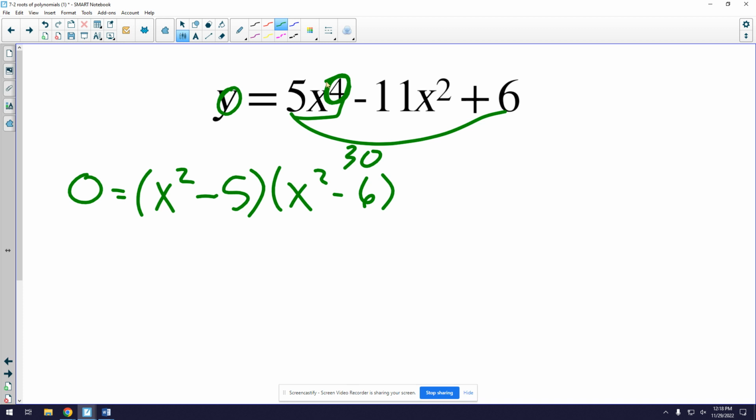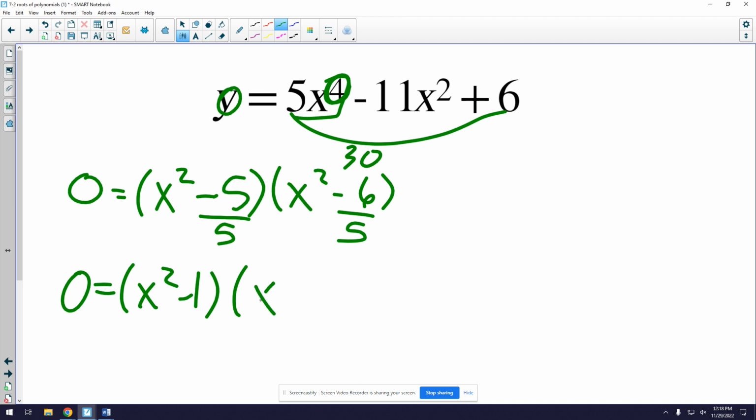But then I'm not done factoring because I need to divide both of those by that 5. Five divided by 5 is 1, but 6 does not divide by 5, so put your 5 in front. 5x squared minus 6. I'm not going to be able to factor that one anymore.